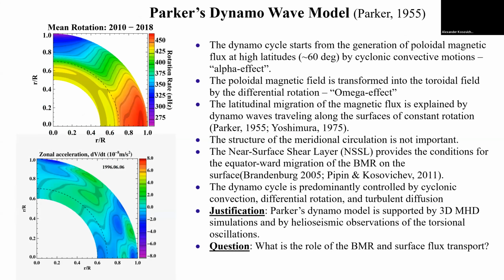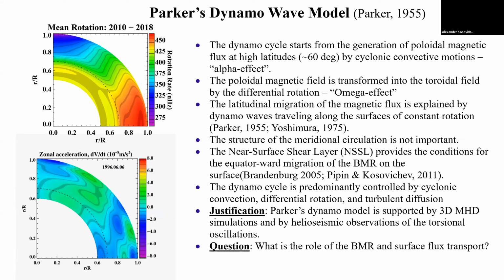The alternative theory is Parker's theory. In this theory, the dynamo cycle starts from generation, as described by Parker in a 1955 paper, of poloidal magnetic field at high latitude, 60 degrees latitude, by cyclonic convective motions, the alpha effect. And then the poloidal magnetic field is transformed into toroidal field by differential rotation, the omega effect.